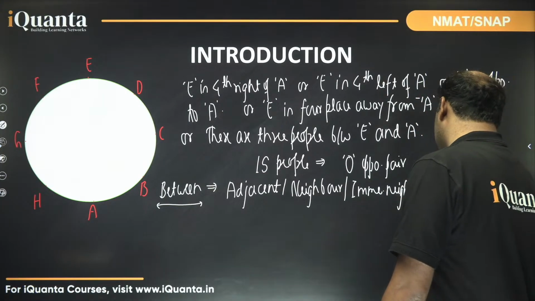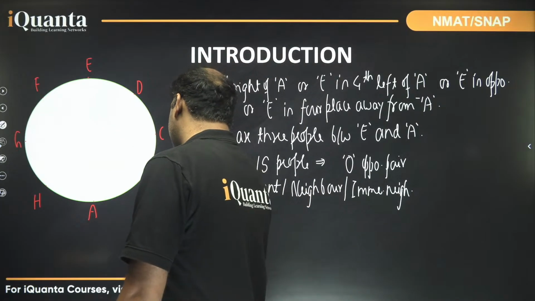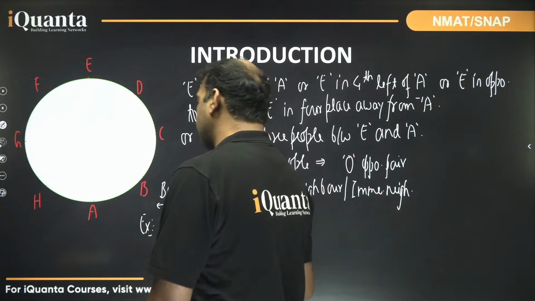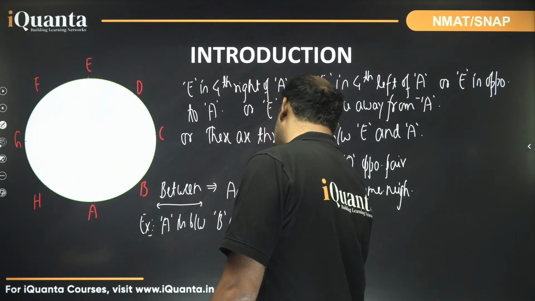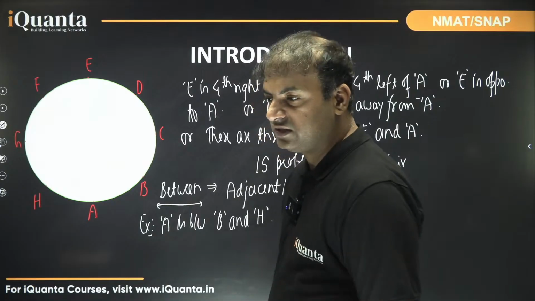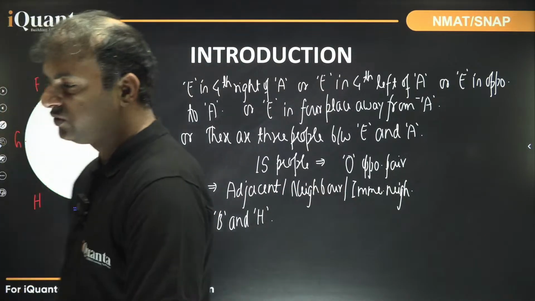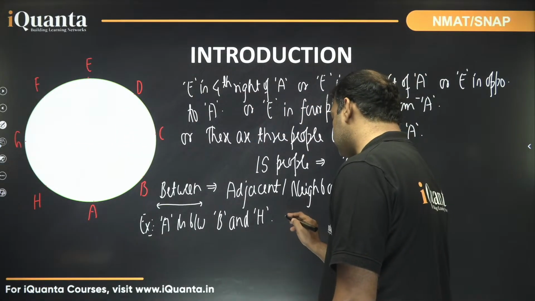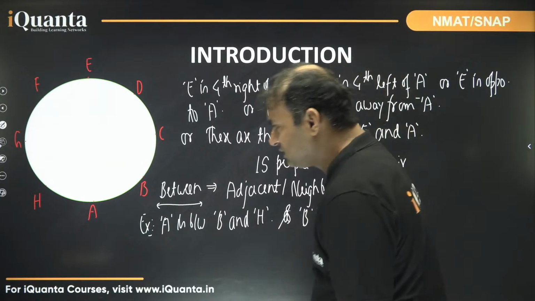So, for example, if we take a few examples, we can say that A is between B and H. Very simple, right? A is between B and H, because between is written for the people who are adjacent, just next to them. If we discuss B, what shall we say about B? B is between these two people.